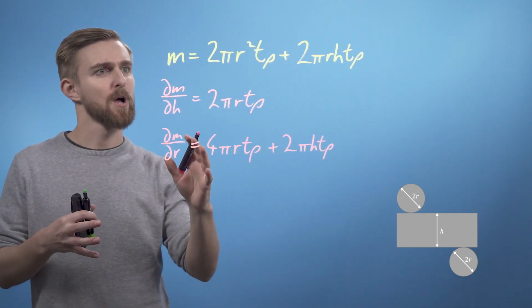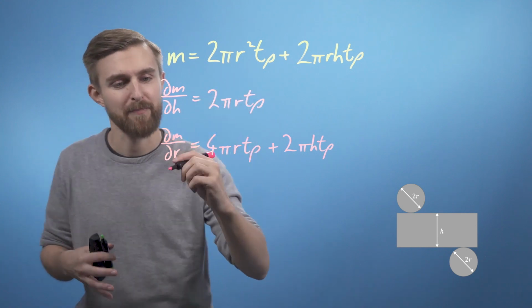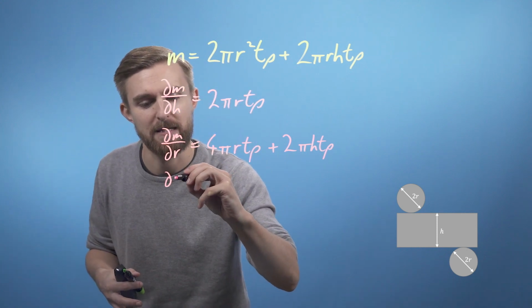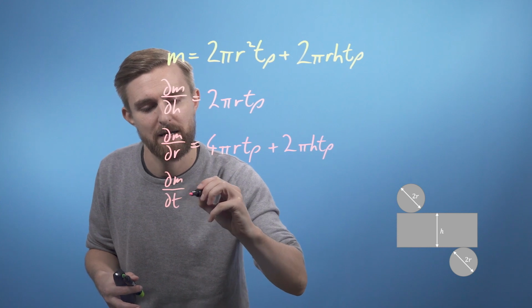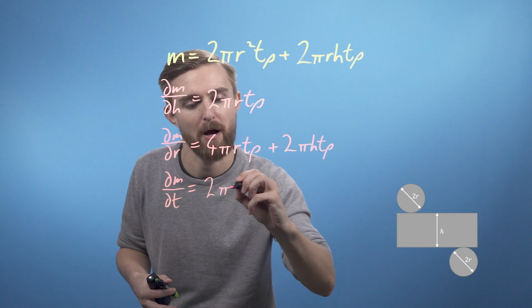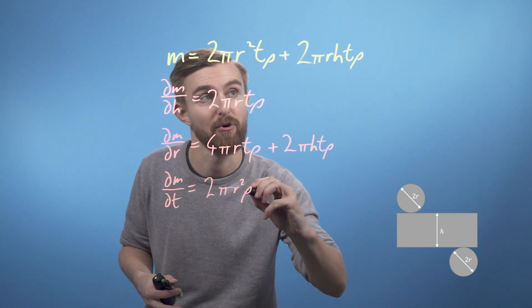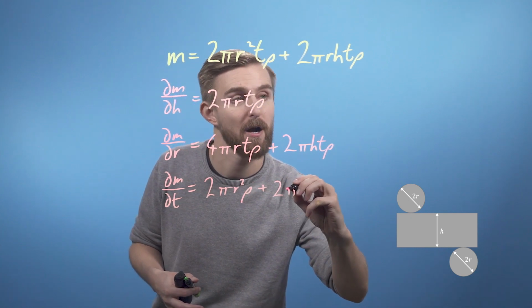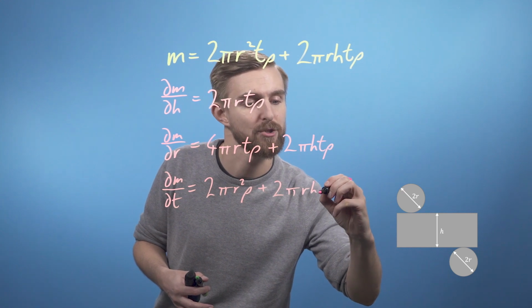Next we're going to do the variable t, and we can say dm by dt is going to equal, well there's just a t in here so it's not very exciting, 2 pi r squared ρ plus 2 pi r h ρ.